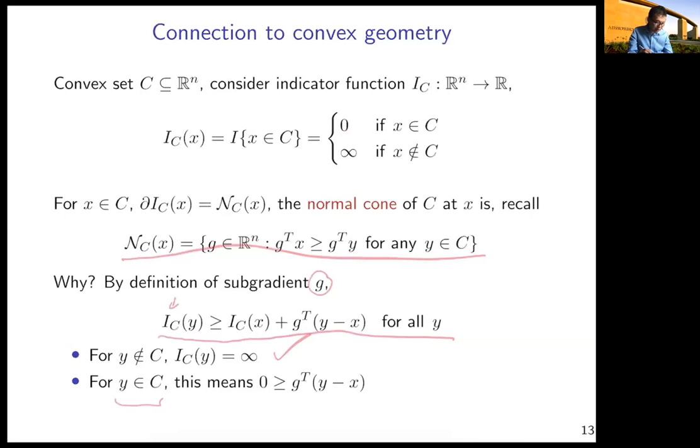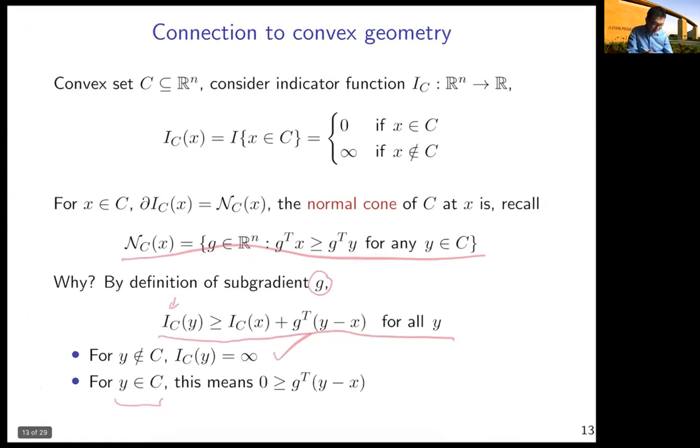In this case, the left-hand side is 0. And how about the right-hand side?